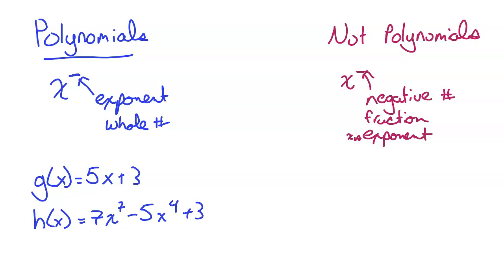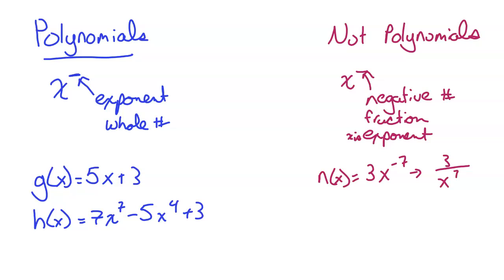Okay? So things that are not polynomials are things such as n of x is equal to 3x to the negative 7th, which is the exact same thing as 3 over x to the 7th. So in other words, when that x is in the denominator, these are rational functions, so they are not polynomials.